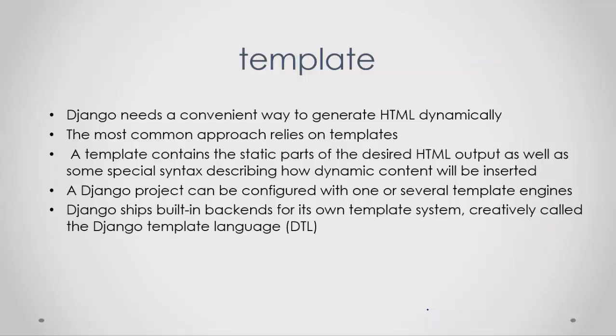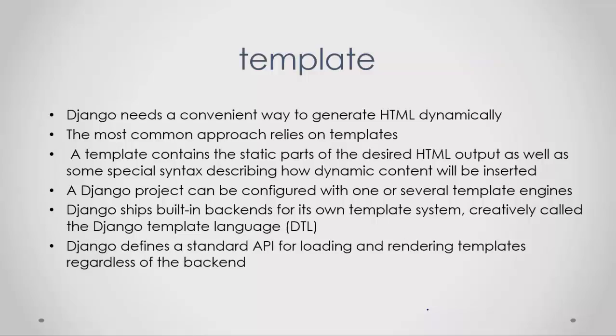Django ships with built-in backends for its own template system, creatively called the Django template language (DTL). Django defines a standard API for loading and rendering templates regardless of the backend. The template is the design or the static files in our website. It is about HTML, CSS, JavaScript, and there are template tags which we are going to use in our project. Okay?